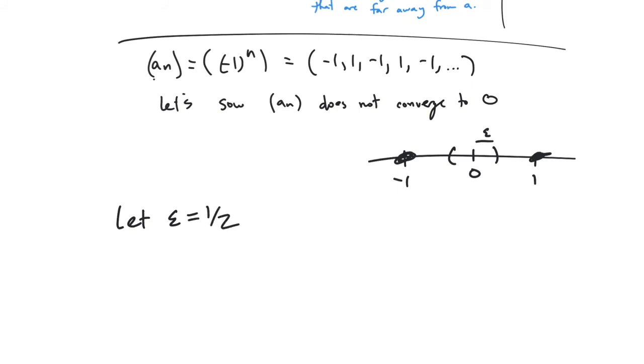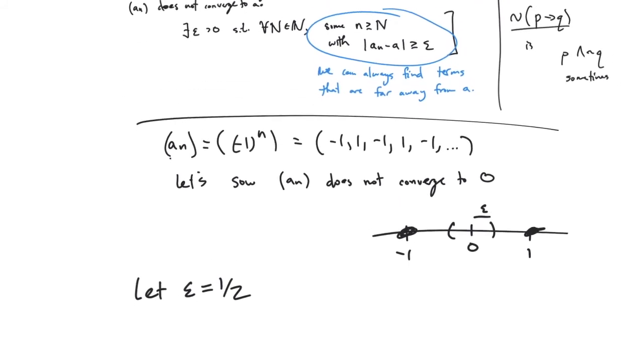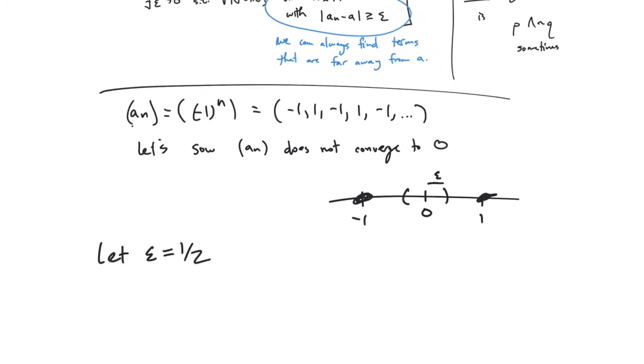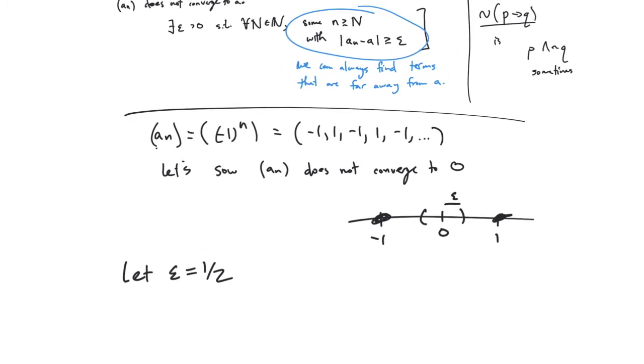And then we need to demonstrate this business that is circled in blue up there. We have to demonstrate that for any big N, there are always going to be some terms that are further away from 0 than 1/2. But that's actually easy in this case. So let epsilon equal 1/2, then I can say the absolute value of a_n minus a.